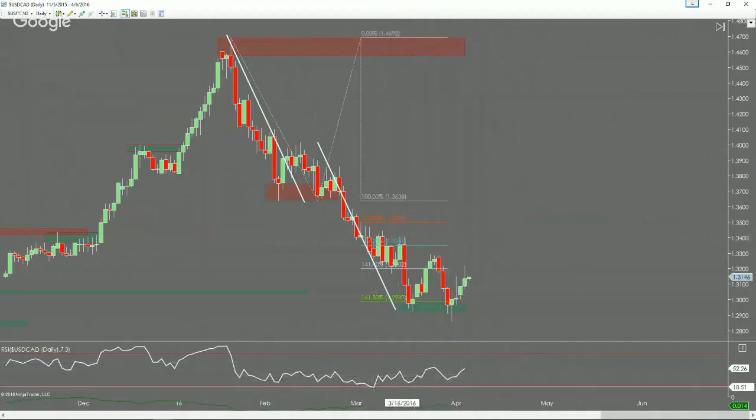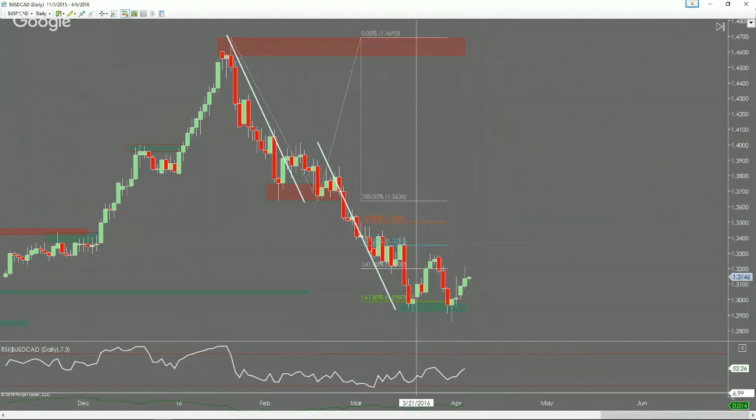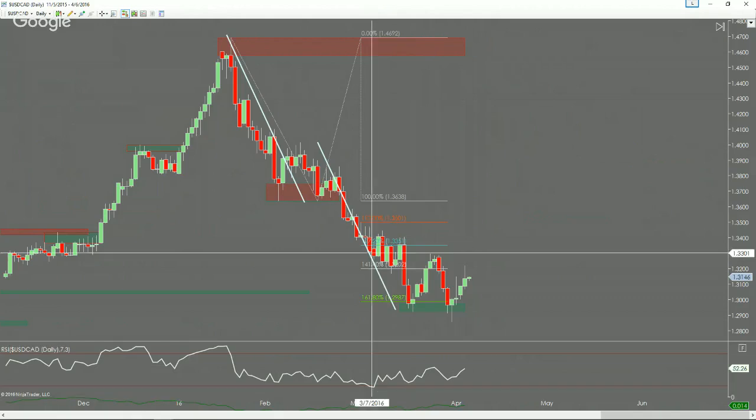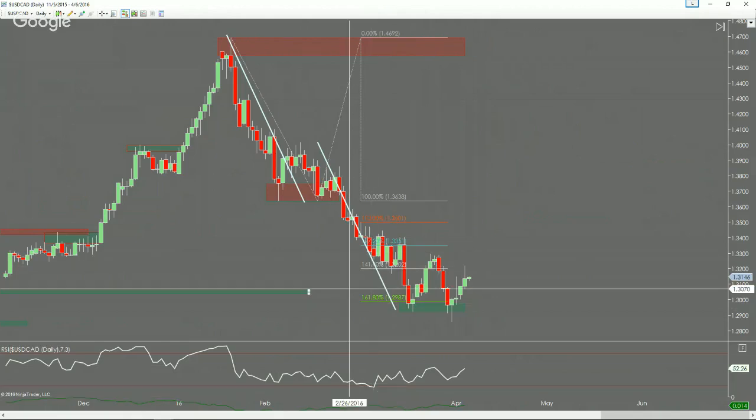However, price was not oversold on this first bottom right here. It was, however, oversold on the previous, not structure, but previously right here, not on that double bottom.